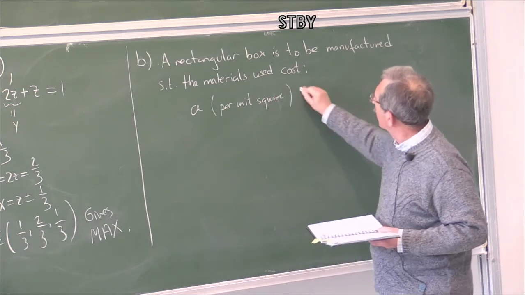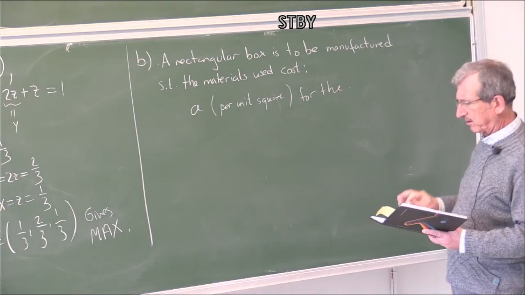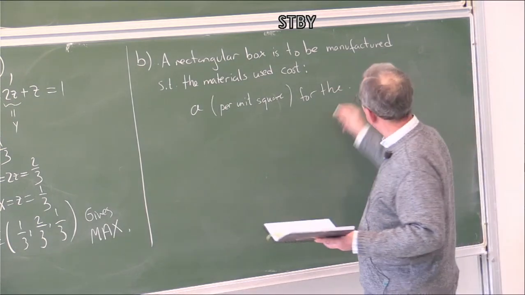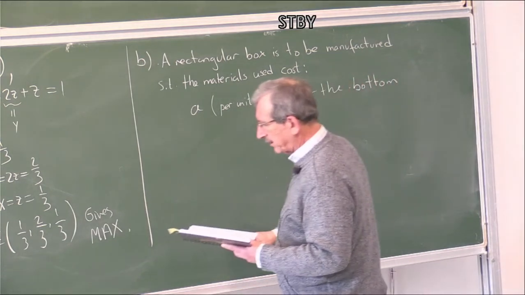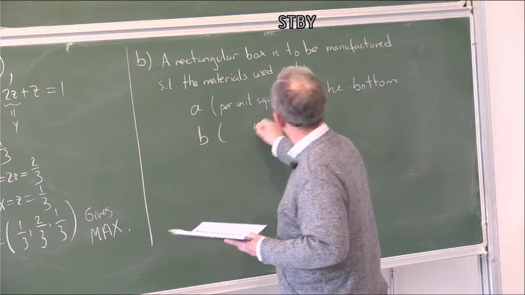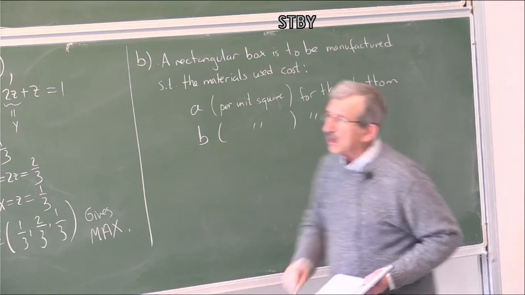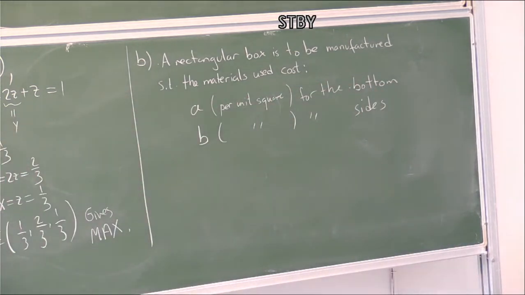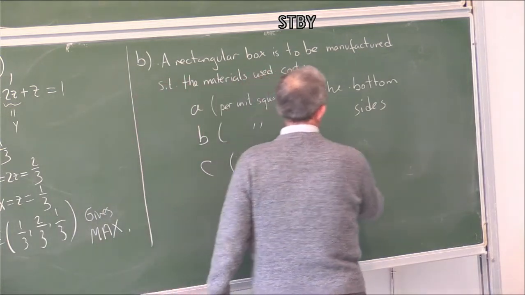For the bottom, XY. And it is B, again per unit square, for the sides. And it costs C for the top.